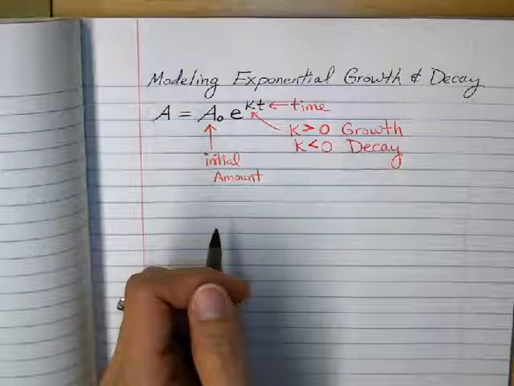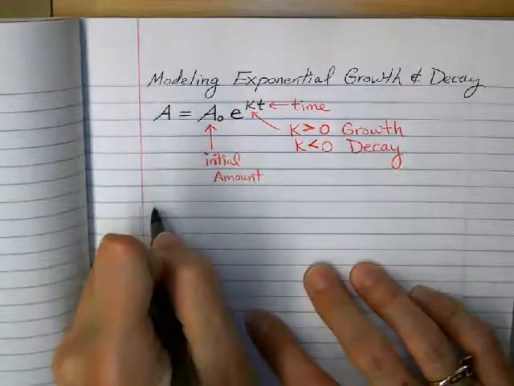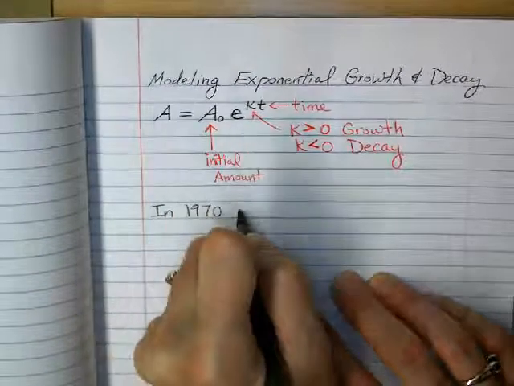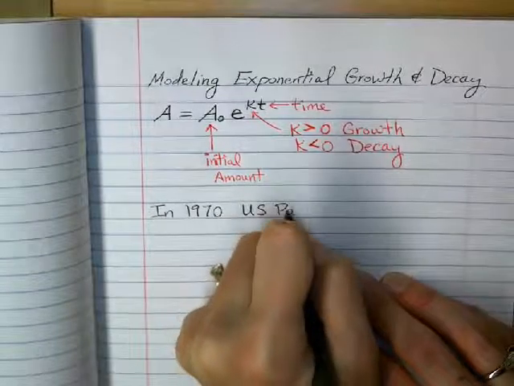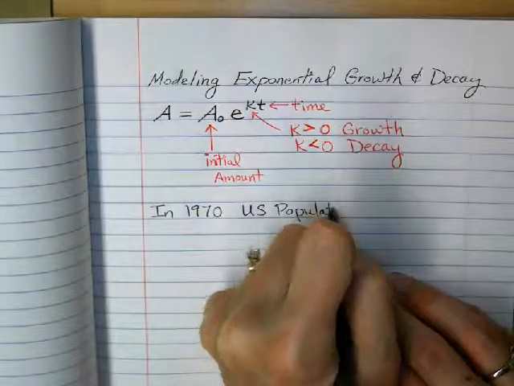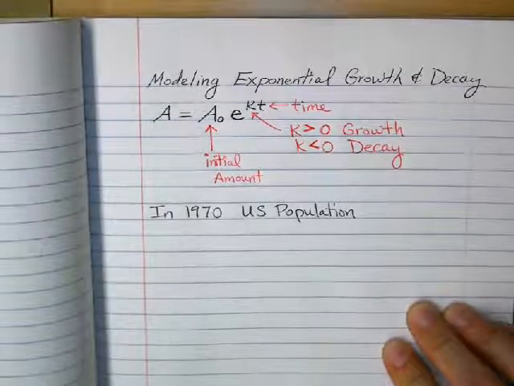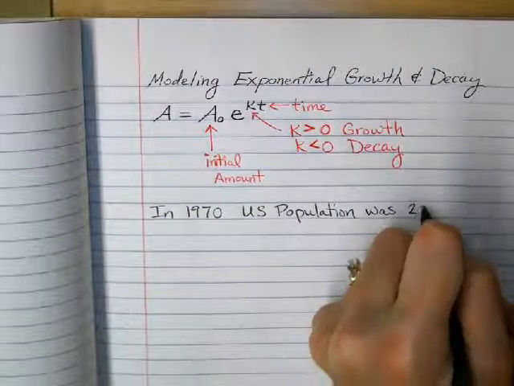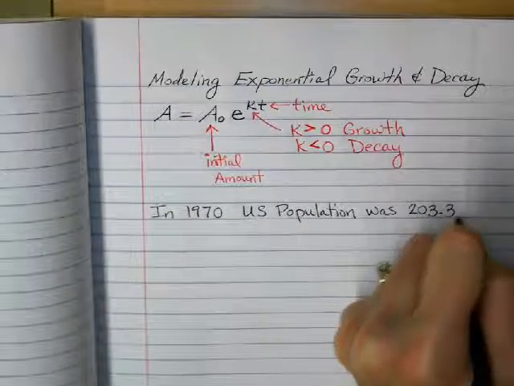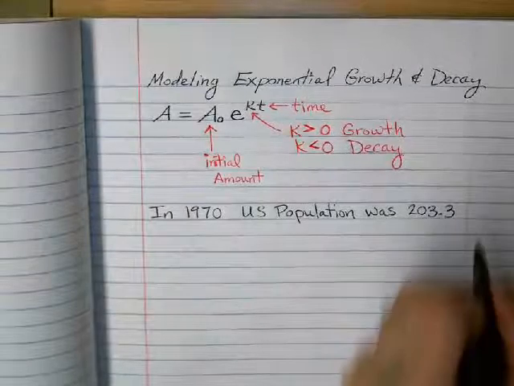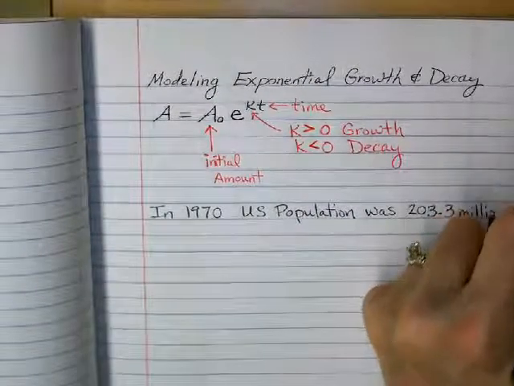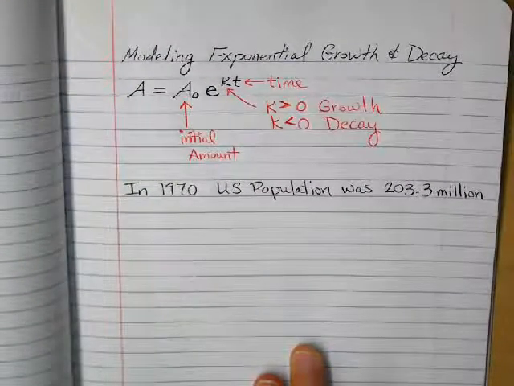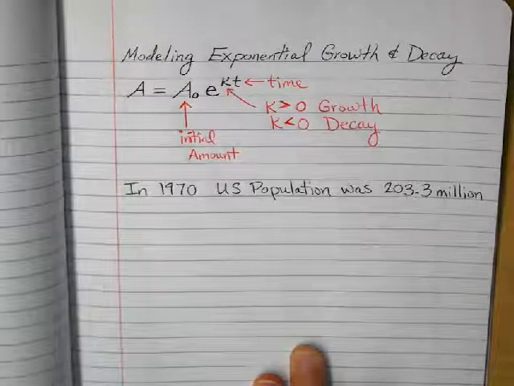So let's say that back in 1970, for an example, the U.S. population was 203.3 million. Just a story problem the book gives to try to look at. So they say here's information.